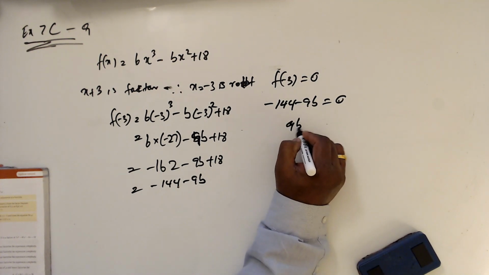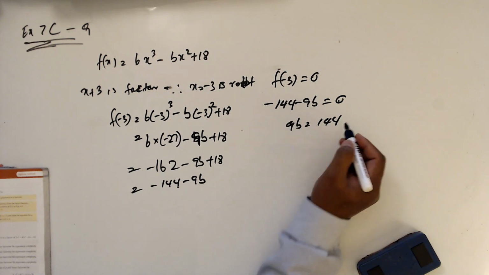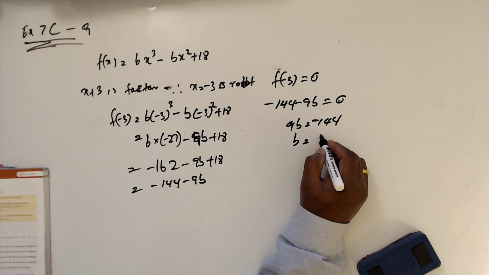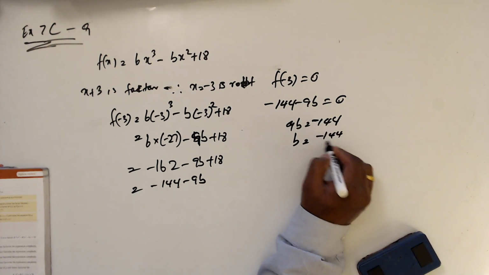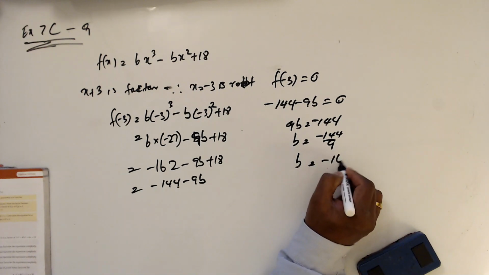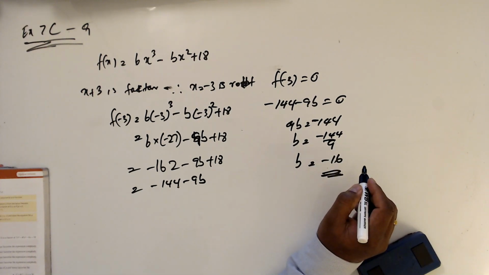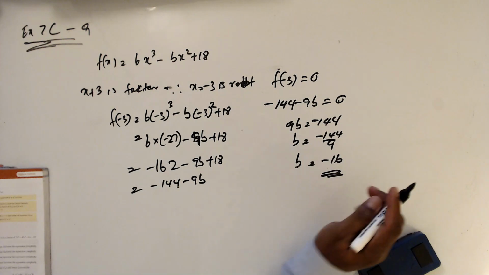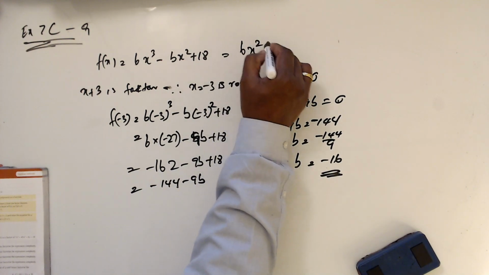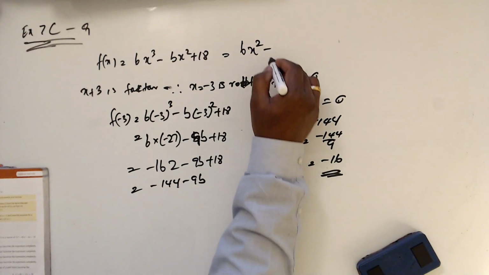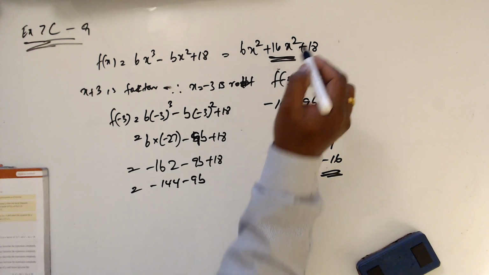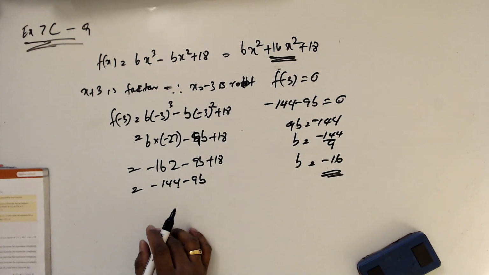Then 9b equals minus 144, so b equals minus 144 divided by 9, which is b equals minus 16. Now we know the graph: minus 16 means plus 16x squared plus 18. So this is the equation of the curve.